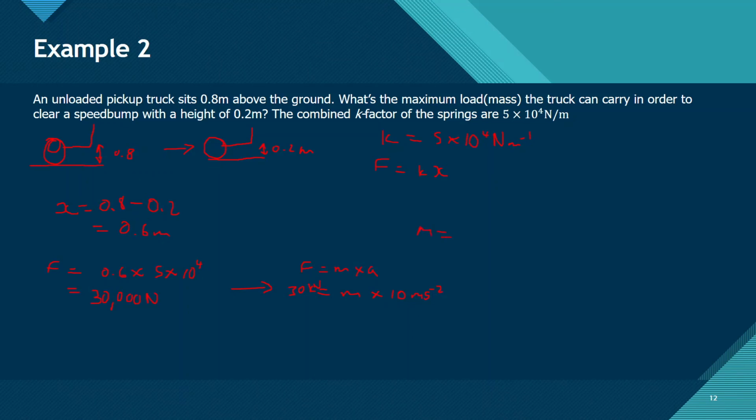In order to find the mass, it's just a matter of transposing. So M is equal to force over acceleration. What that looks like is M is equal to 30 kilonewtons divided by 10 meters per second squared, which leaves us with a mass of 3,000 kilograms, or 3 metric tons, which is a lot.